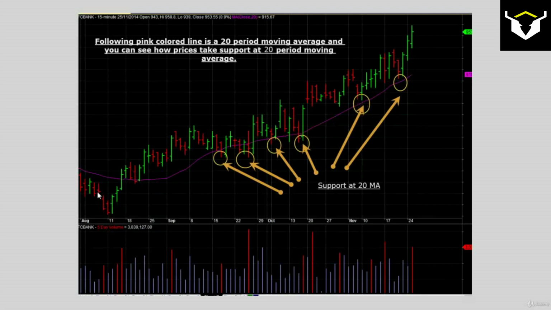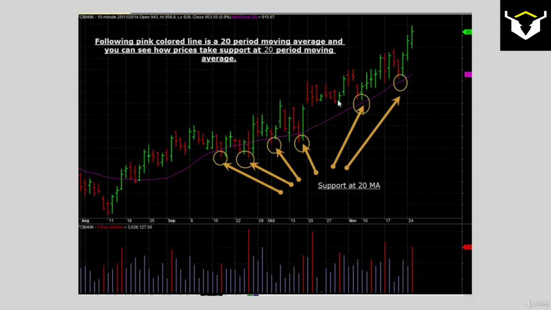Here you can see it went up, crossed the pink line, came down, found support at the pink line, went up, came down again, found support, went up, came down, found support, broke to a new high, went sideways, made a new high, reacted down, could not penetrate its 20-day moving average, went up to make a new high, came down, failed to penetrate the 20-day average, and then went ahead to make a new high.